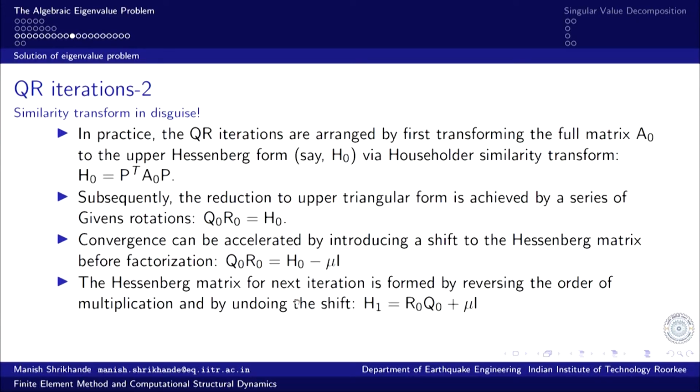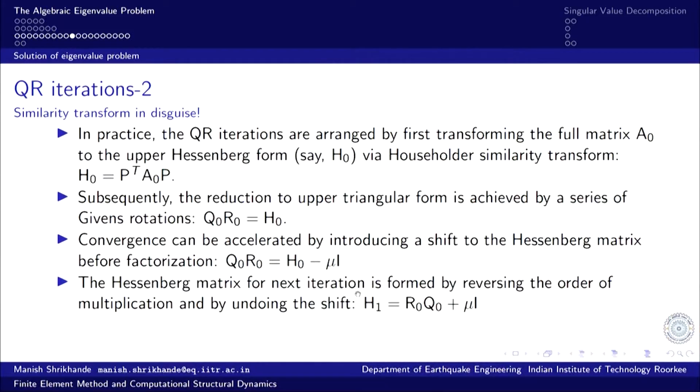Now, the Hessenberg matrix for the next iteration is obtained by reversing the order of multiplication and by undoing the shift that was implemented in the first iteration. And then once we have this H 1, then again Q 1 R 1 will be computed by having a new shift parameter depending on what is the new H 1.